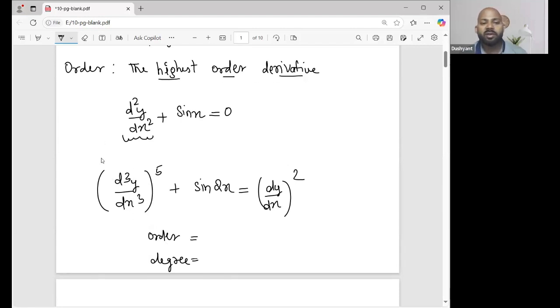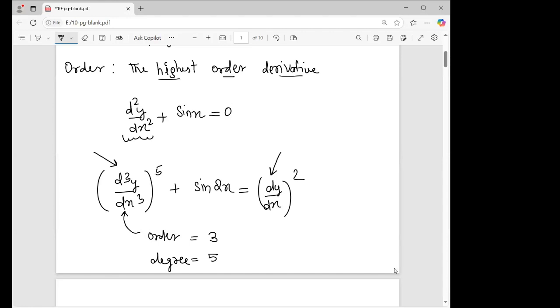This is my third derivative and this is my first derivative, dy over dx. So the order is 3 here. Now what is the degree? The power of the highest order derivative is 5 here, so 5 will be my degree. Getting my point?